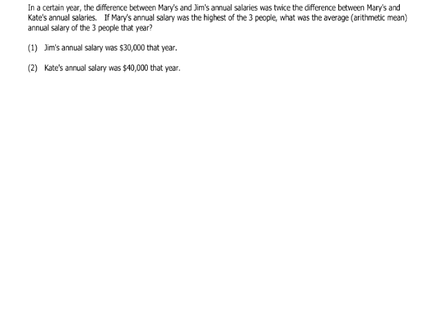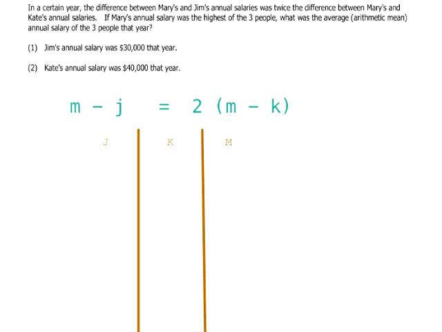Here's a problem again. Here's the equation that we figured out. So you can just make a table, Jim, Kate, Mary. And then for the two statements, remember the goal is to try to get two different numbers in there.